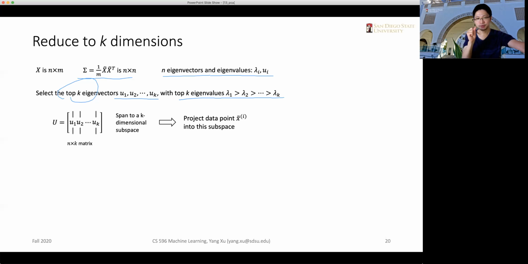Okay, so for example, given a data point x tilde i, we can project it into this subspace by multiplying the U matrix with it. If we put U transpose on the left and x tilde i, a vector, on the right, because U transpose is k by n and x i is n by 1, the result would be k by 1.